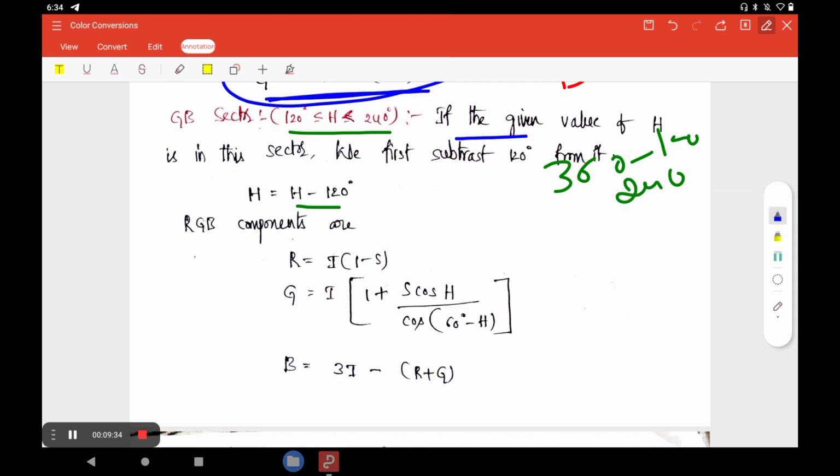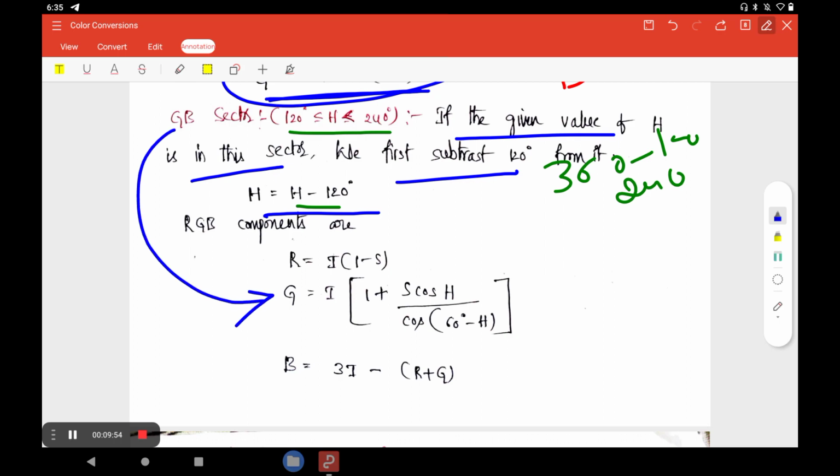If we are given the values of H in this sector, we first subtract 120 degrees from it, because the previous plane is made by the angle from red to green, 120 degrees. Just you have to subtract that, that gives us only the H value in the GB sector. The same way, the general formula for G is I into 1 plus S into cos of H by cos of 60 degrees minus H, as well as the B value, also the same.